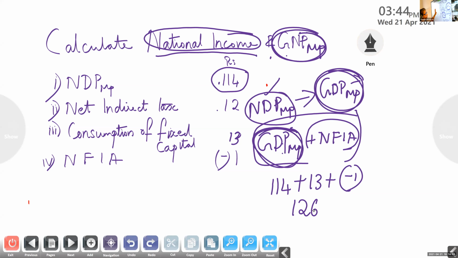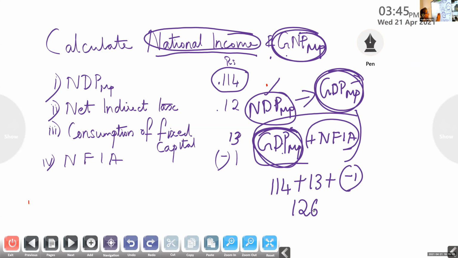That's what I said. They may not give you things directly. You should be familiar with the formula, and you should know things like these. NDP MP is given; how to find GDP MP? What should we add or reduce? Sometimes they may give GDP MP. Then how will you find NDP MP?